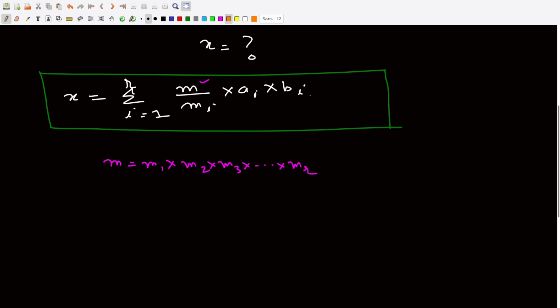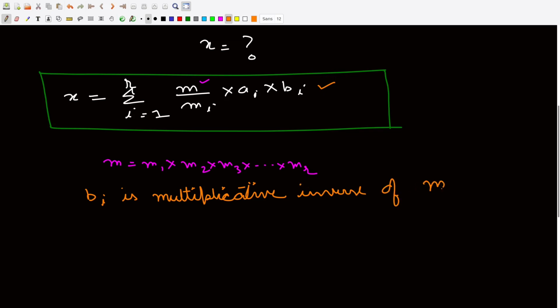What is this bi? bi is the multiplicative inverse of m over mi, and we will see how we can compute the multiplicative inverse of m over mi.